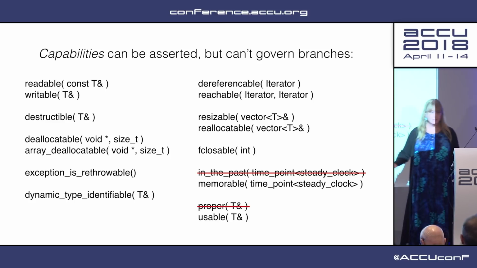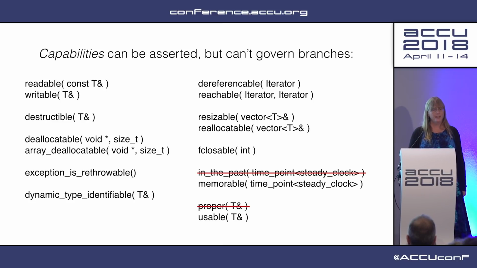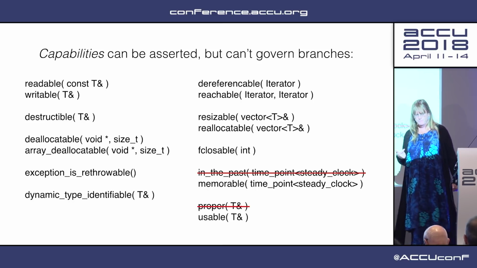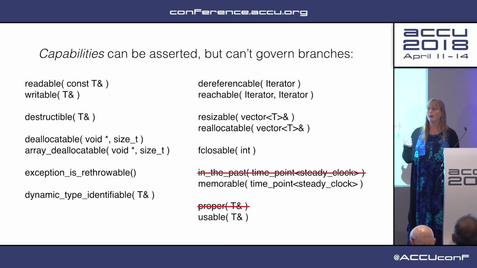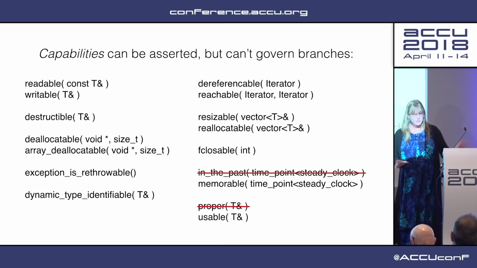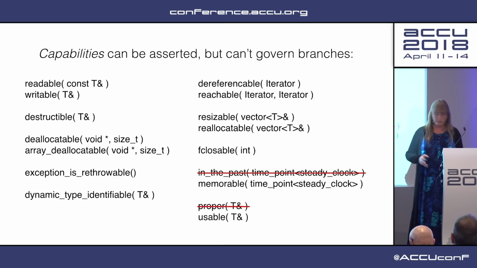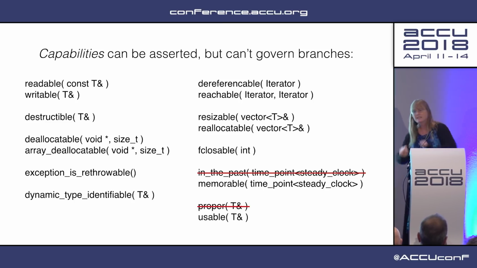So capabilities. And I'm not going to fully make the case at this point, but you might guess a lot of these have to do with what we think of, metaphorically perhaps, as space in a program. Readable and writable is about memory space. Deallocatable is about space in the heap. F-closable is about space in the file system.